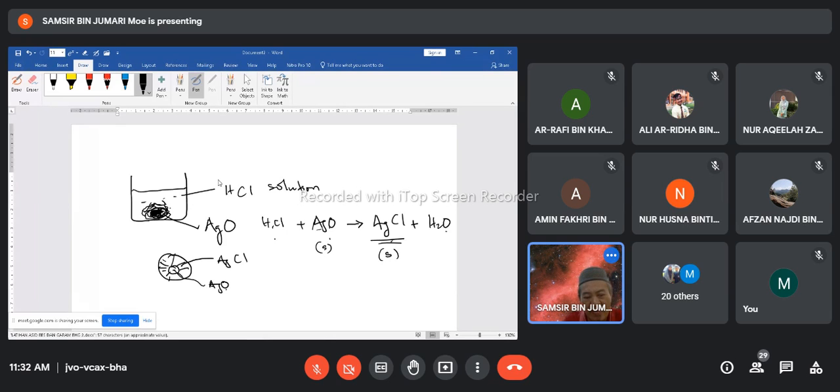This means that the silver chloride formed is not 100% pure, because the inside layer still has silver oxide. The silver chloride is in the solid state and covers the surface of the silver oxide.